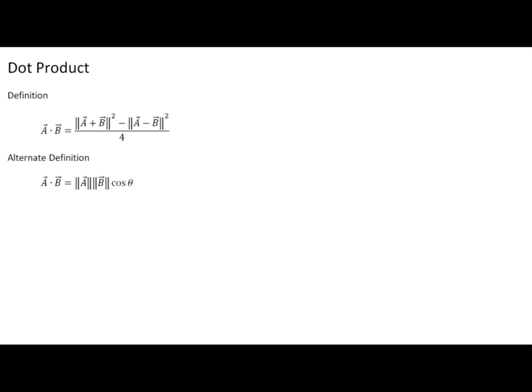Well, there's a special case here. Let's ask the question, what happens when we take the dot product of a vector into itself? That's really pretty simple. This expression becomes 2A, and this expression just becomes 0.